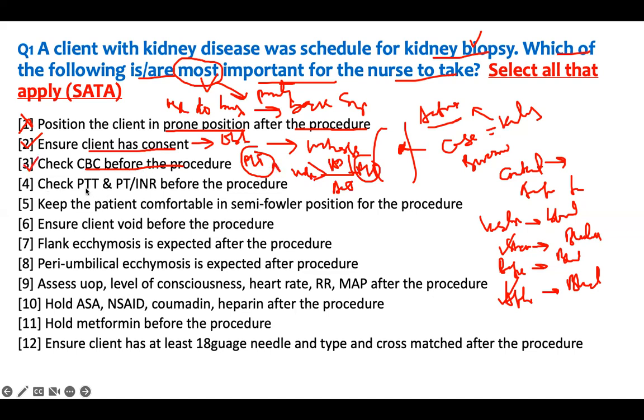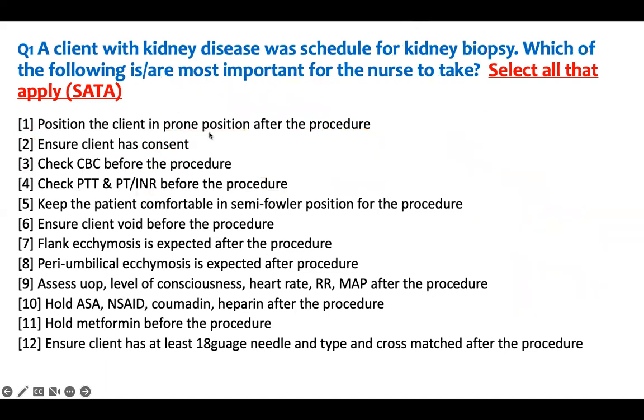So good. Check PTT, PT-INR before the procedure. Yes, even for patients who are not taking Coumadin. Some people's PT, PTT or INR can be high, whether or not they're taking heparin or Coumadin. The PT-INR is for the Coumadin, and the PTT is for heparin.